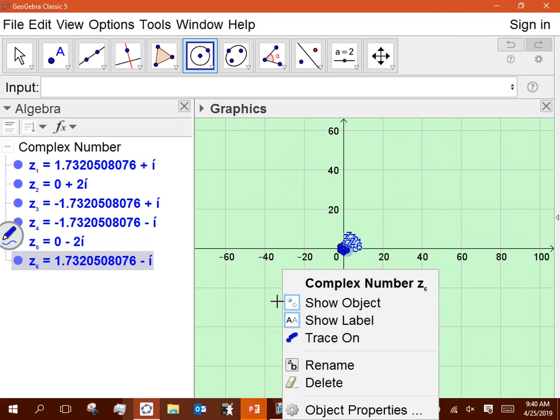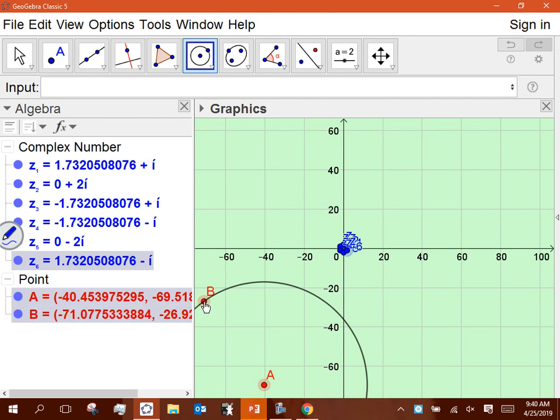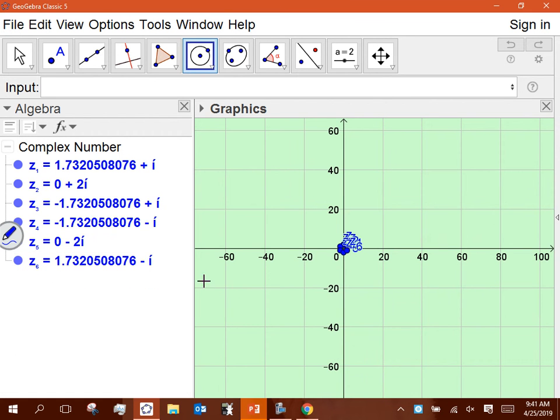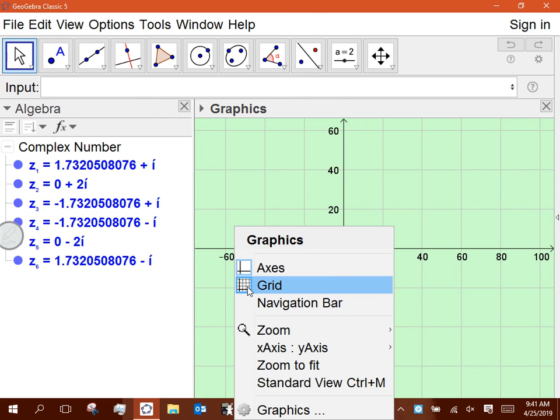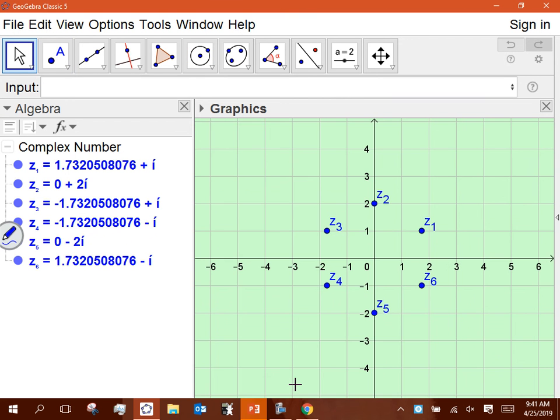Now I'm zoomed out real far. If I zoom back in, those are your 6 roots. Now, what do they all lie on? They all lie on the same circle.